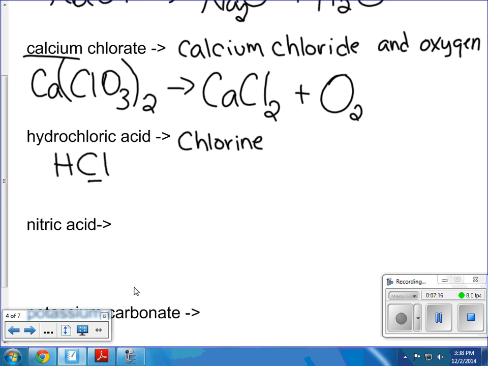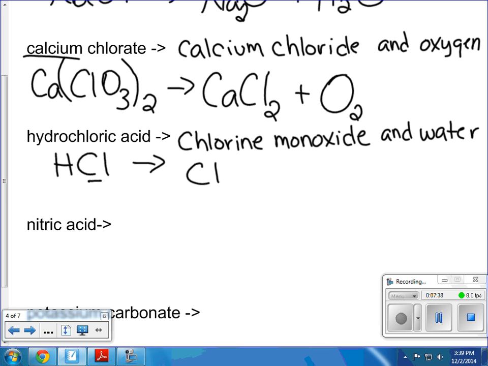And since this is a covalent compound, we have to use prefixes. So it would be monoxide. And water. So we have HCl produces chlorine monoxide. We don't have to cross charges since it's covalent. And water.